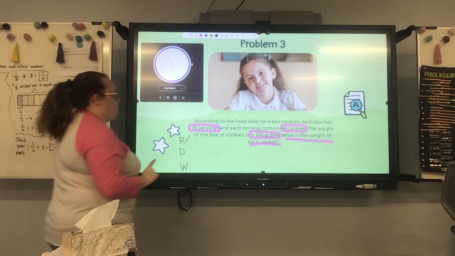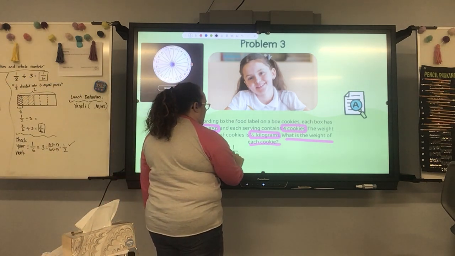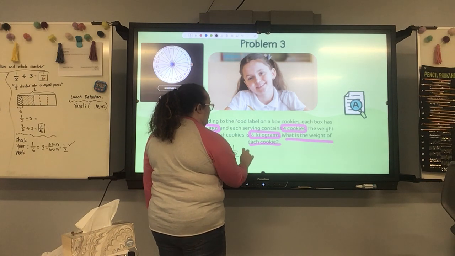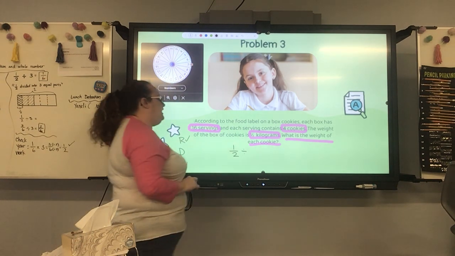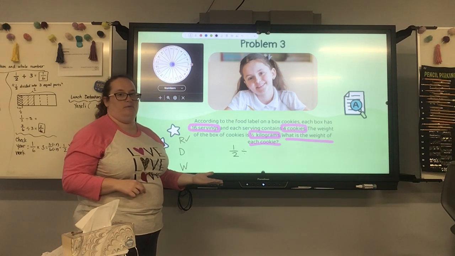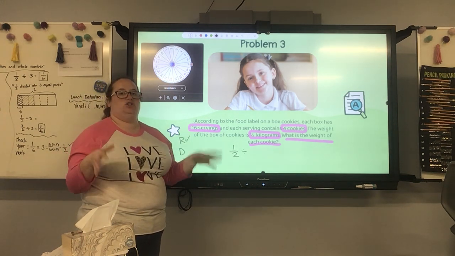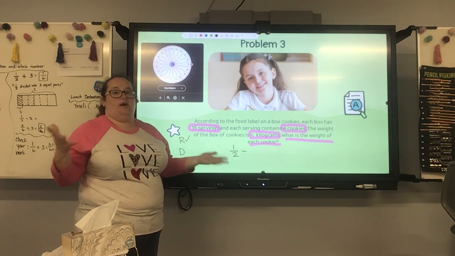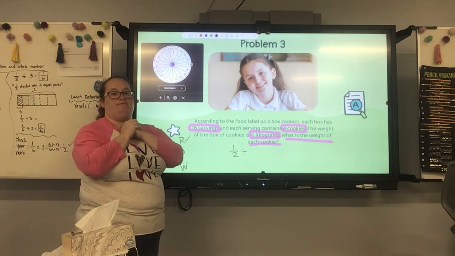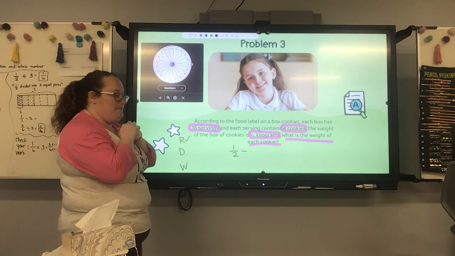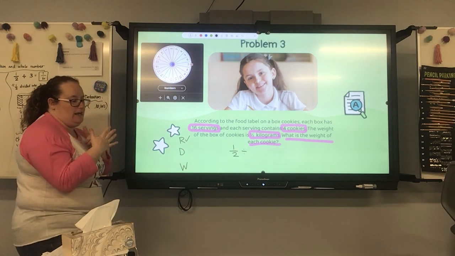Yes, I do know my total. My total is half of a kilogram. And I am dividing that half of a kilogram by all of the cookies. But do I know the total number of cookies? No, I don't. But I can figure that out.